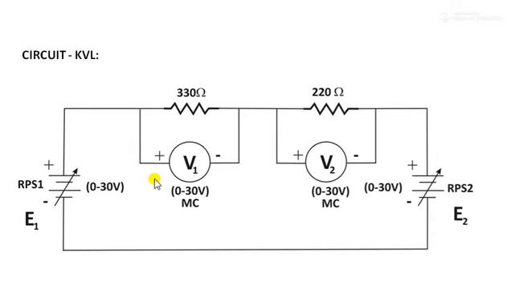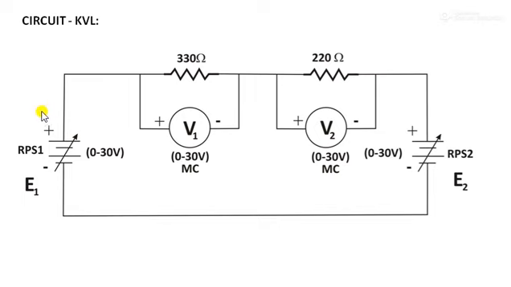Now similarly we go to the KVL circuit. It requires 2 RPS, E1 and E2, a 330 ohm resistance and a 220 ohm resistance, and V1 and V2 are the 2 voltmeters required.